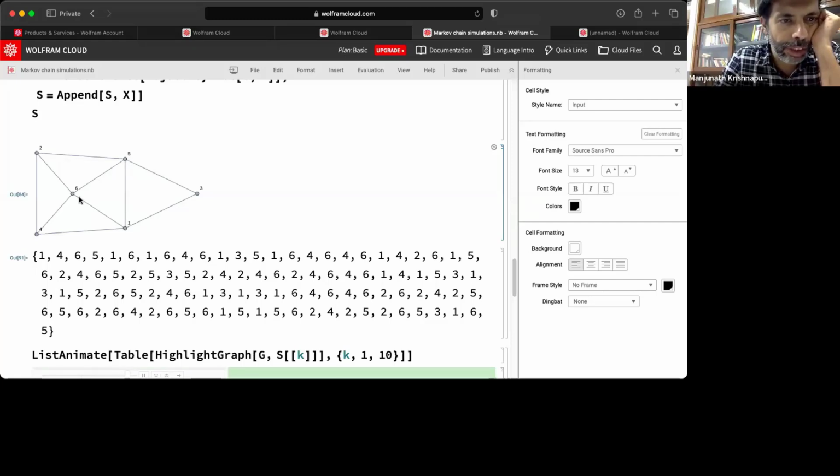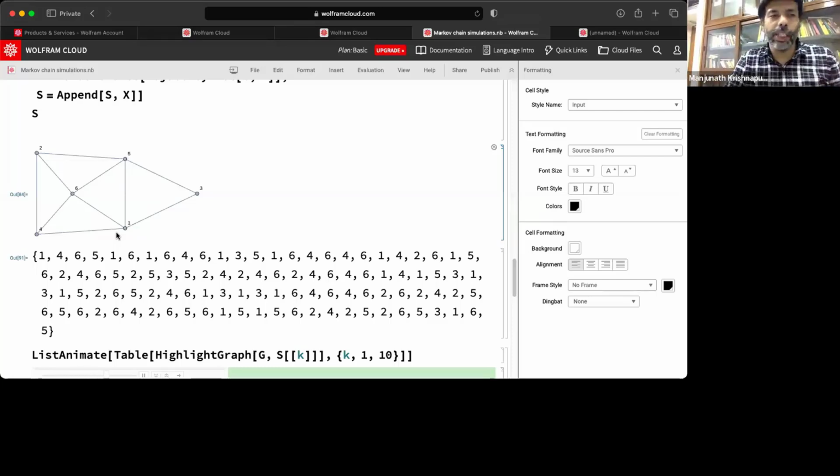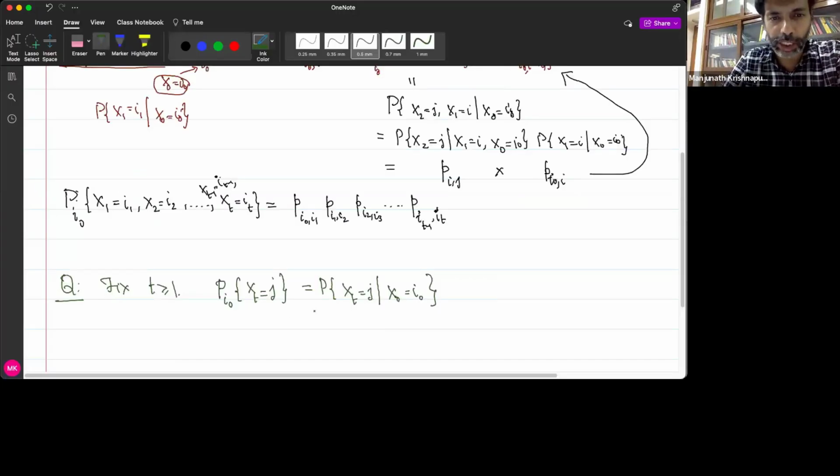I could go from 5 to 6 to 1, or I could go from 5 to 3 to 1. 5 to 6 to 1 will have probability 1/4 times 1/4. 5 to 3 to 1 will have probability 1/4 times 1/2. So we have to add. I'm not interested in where I was in between, only in the final location. So I have to add over all trajectories which lead to that final location.